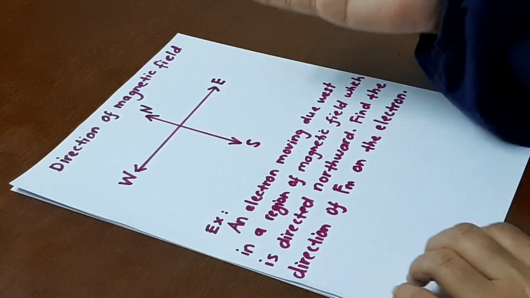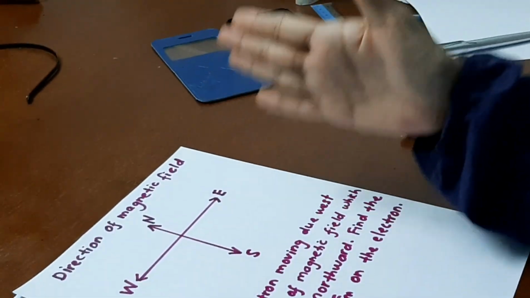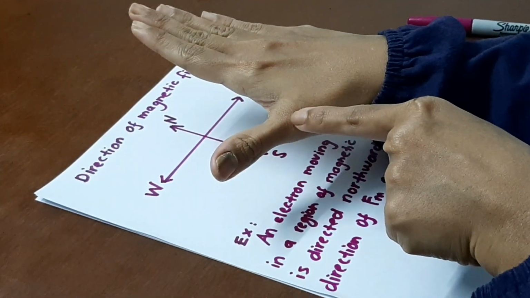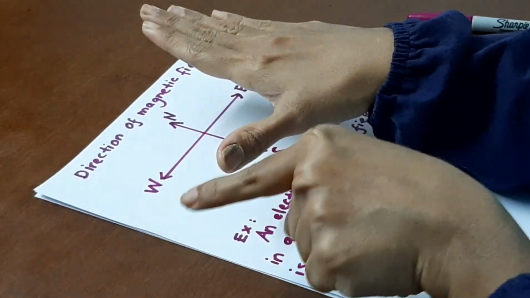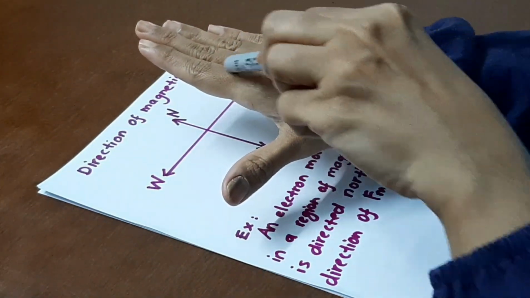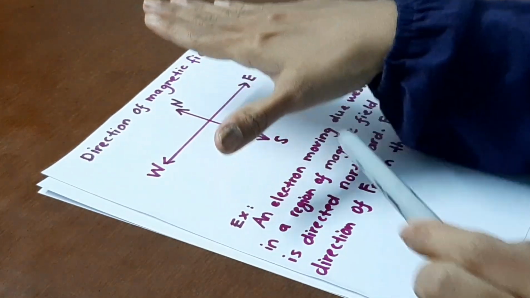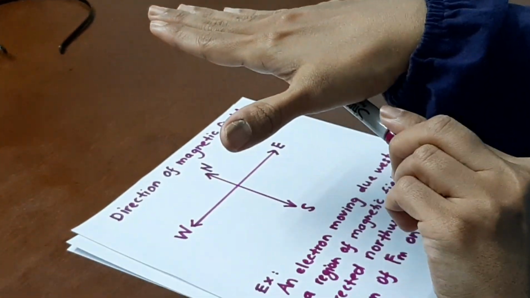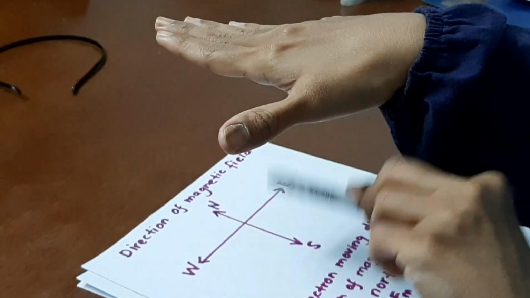If I make my hand like this, it means that the particle is traveling westward and the direction of the magnetic field is northward. Therefore, the particle will experience magnetic force that is directed downward.